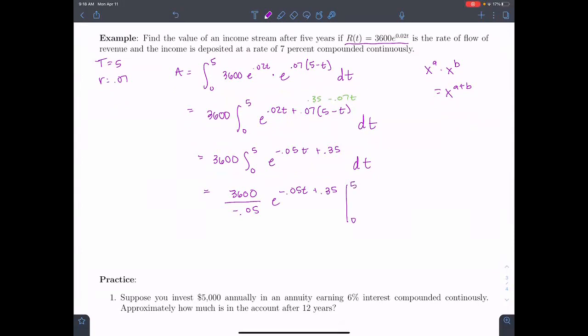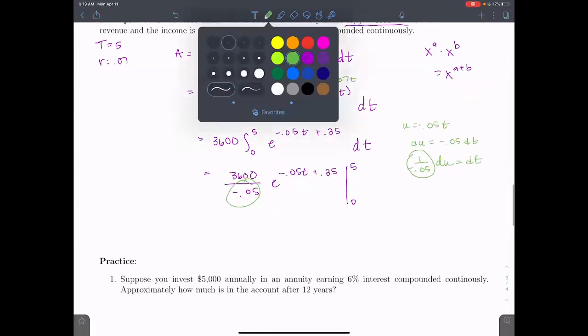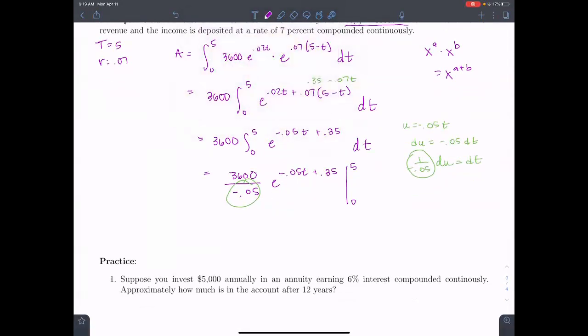It's the same kind of thing you would do with a u substitution, where u here is negative 0.05t. So du would be negative 0.05 dt, so 1 over negative 0.05 du is dt. Put this in here, and that's where that comes from. Then just plug in 5 and plug in 0.